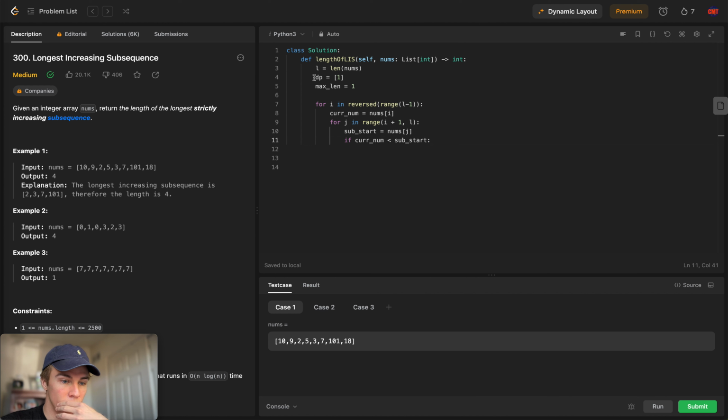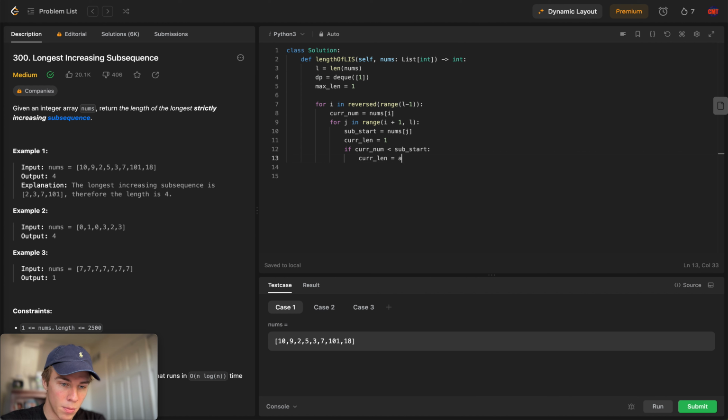I then want to say dp, I want this to be a dq. Let's have a cur length equal to 1, because that's the length that we're currently exploring.